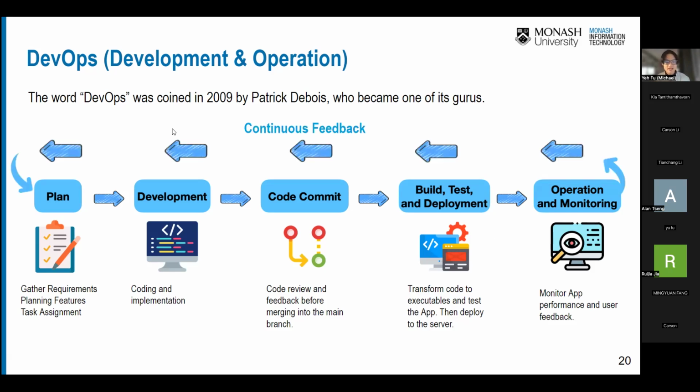After that, we will have continuous feedback on how customers interact with our software, and whether there is anything wrong with our software while running. So we get continuous feedback, and then we go back to planning, and we refine our software, re-implement some new functions or some refinements, and then we do the commit and testing and once again deploy the software.